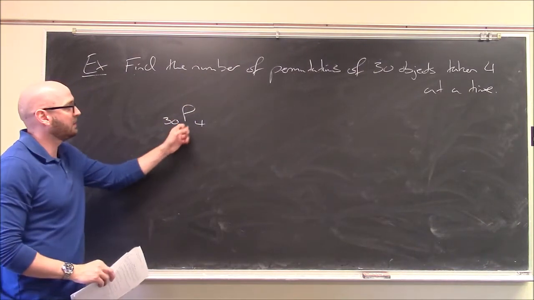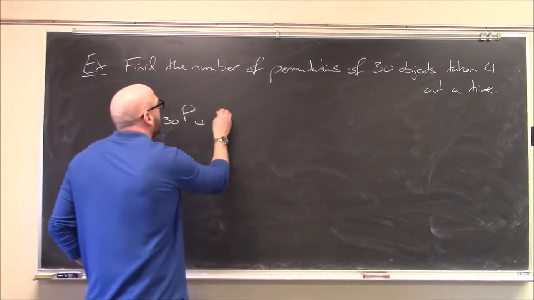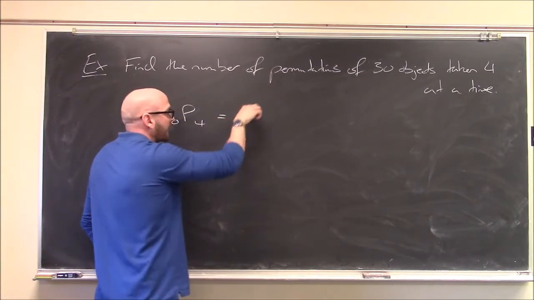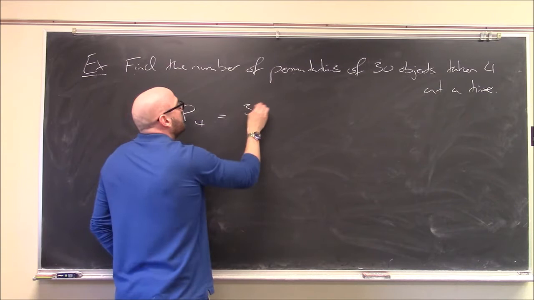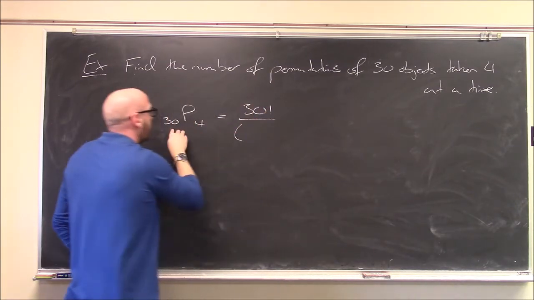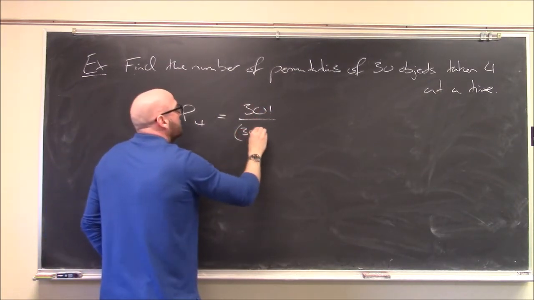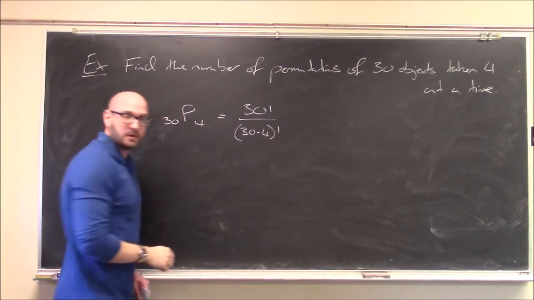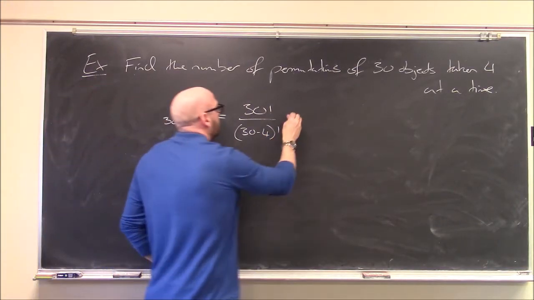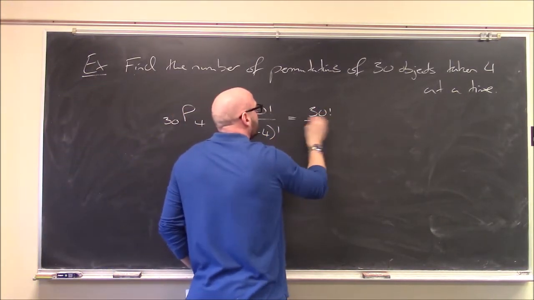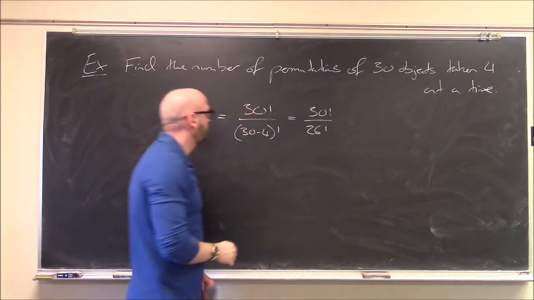Right, 30 total objects, we're permuting 4 of them at a time. So plug this into our formula. It's n factorial, so we've got 30 factorial over n minus r factorial, so 30 minus 4 factorial. So this is 30 factorial over 26 factorial.